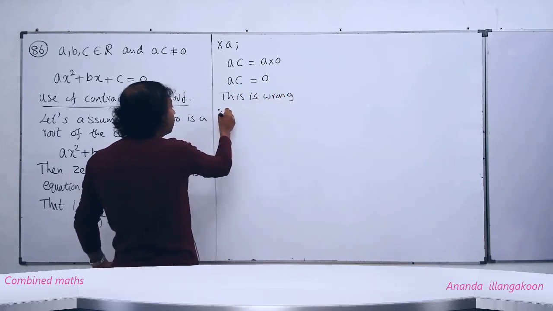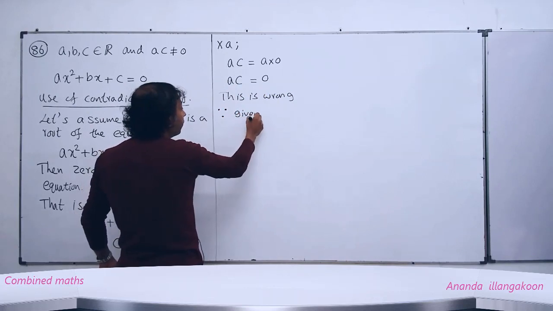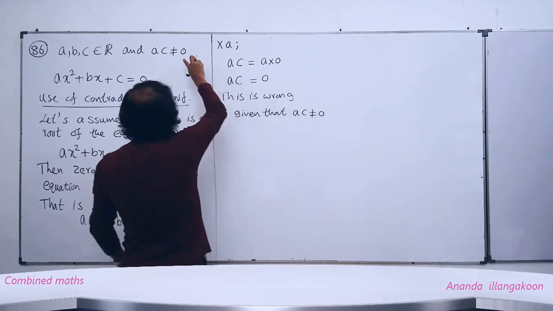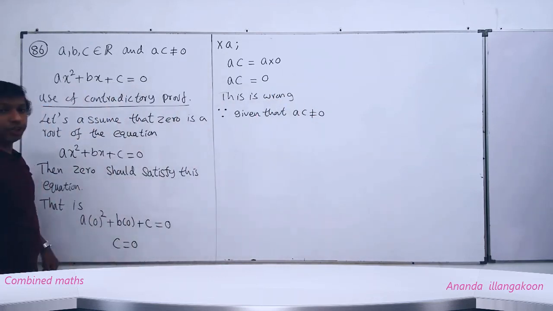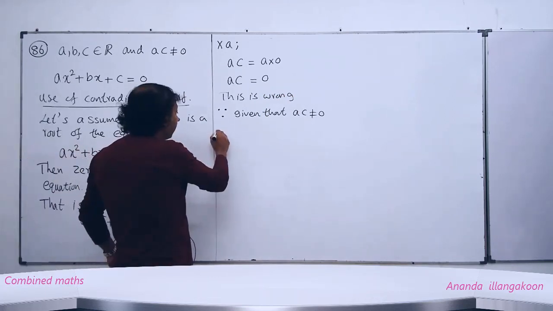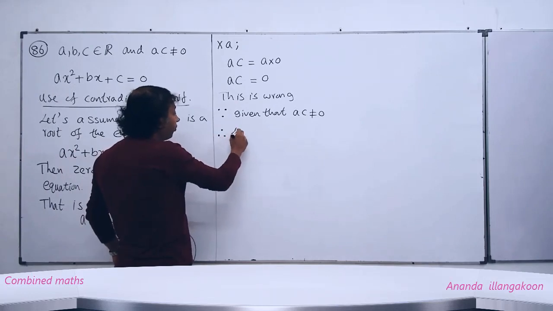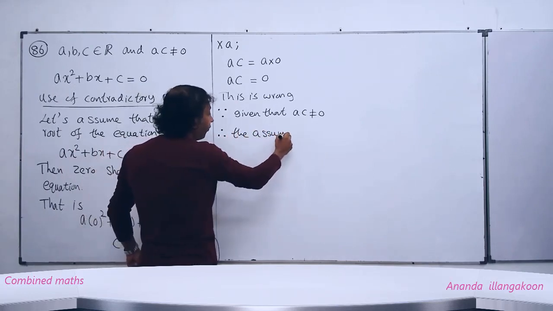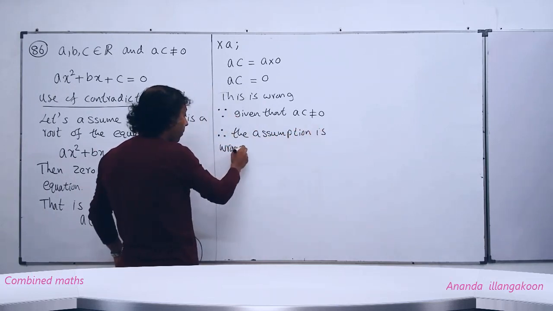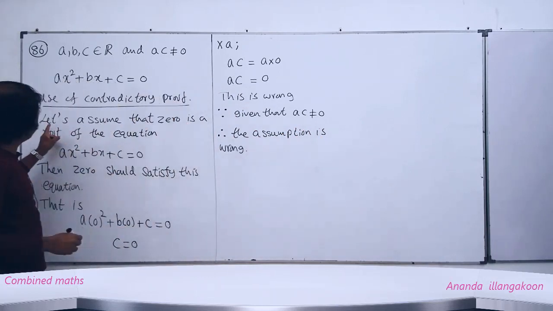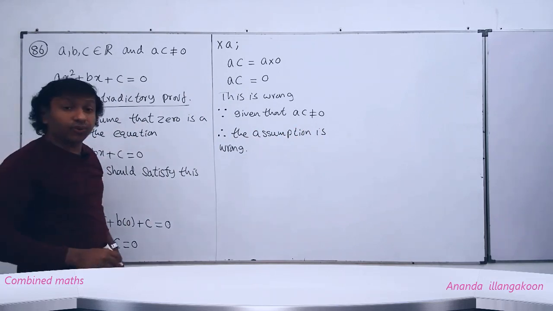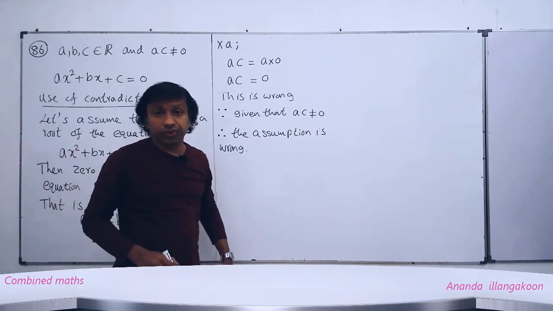Because given that AC not equal to 0, this is wrong. Therefore, the assumption is wrong. What is the assumption? 0 is a root of the equation. Therefore, assumption wrong means 0 is not the root of the equation.